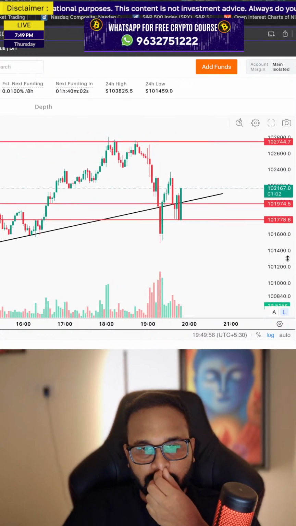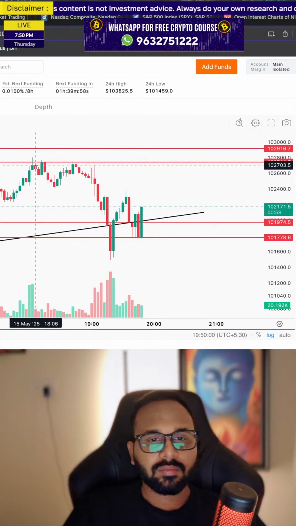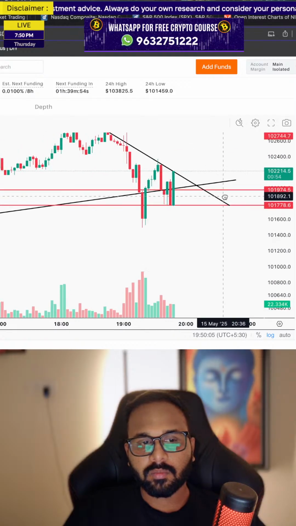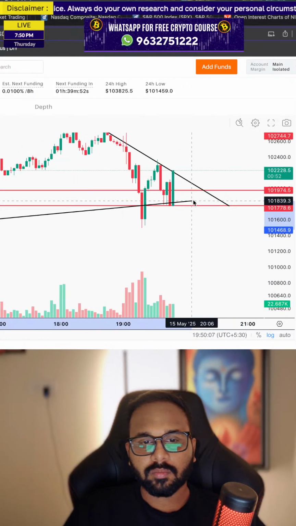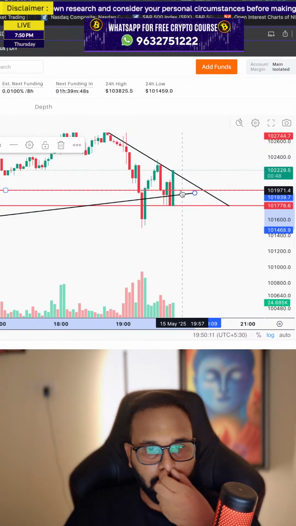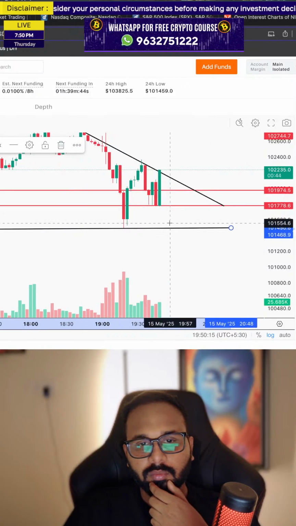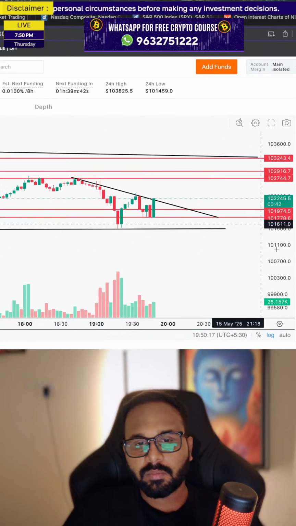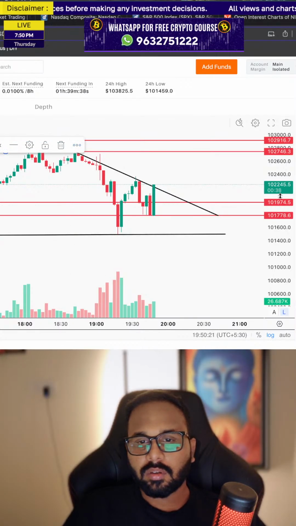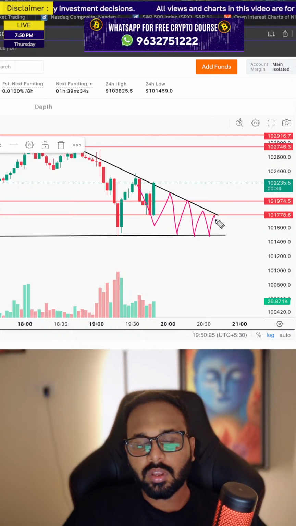This market is too volatile right now. So breakdown, failure, again moved up. This market is trying to form a symmetric pattern range here, like this.